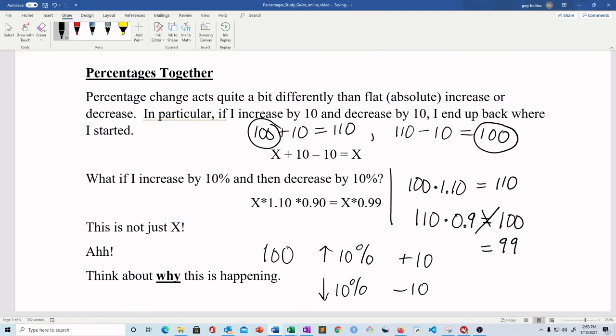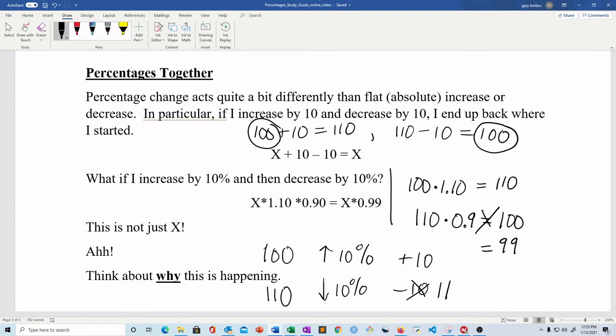But it's not, because guess what you're doing? You're doing 10% of 110. That's actually going down not by 10, but by 11, because you took 10% of a bigger number. If you take the same percent of a bigger number, you're going to be taking more.